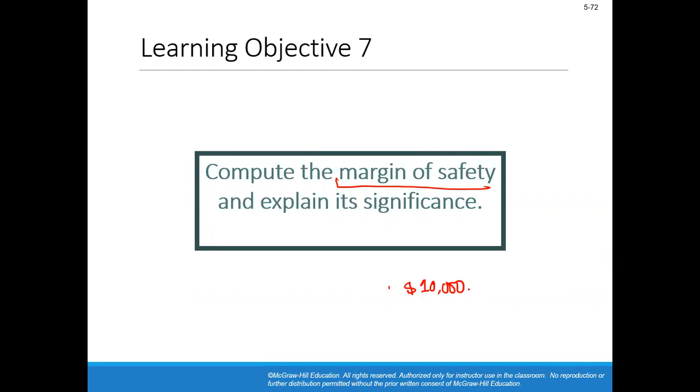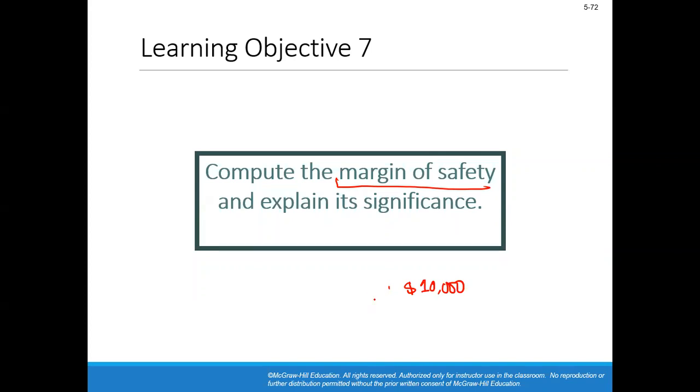So I need to have sales of this amount, 10,000, to cover all the fixed expenses. Remember, I have not mentioned the target profit. I just have mentioned the fixed expenses.